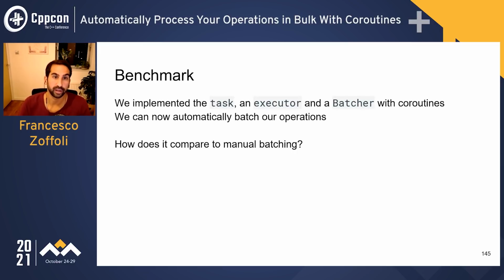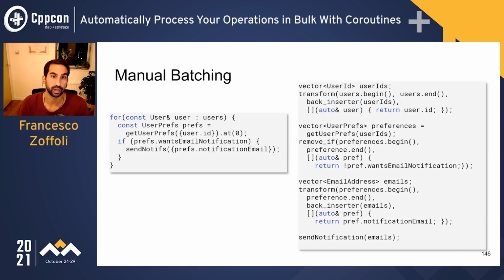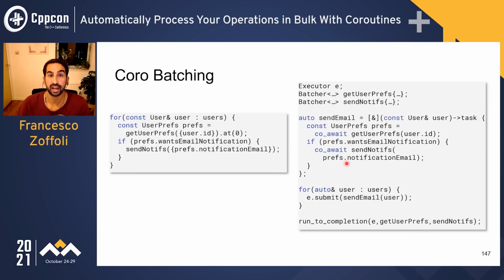Let's look at the benchmark of what we implemented. We wanted to automatically implement batching of our operation. So how does it compare to our solution? This is the solution we saw initially with the manual batching done with the algorithm implementation. And this is how it works with our Coro batching.